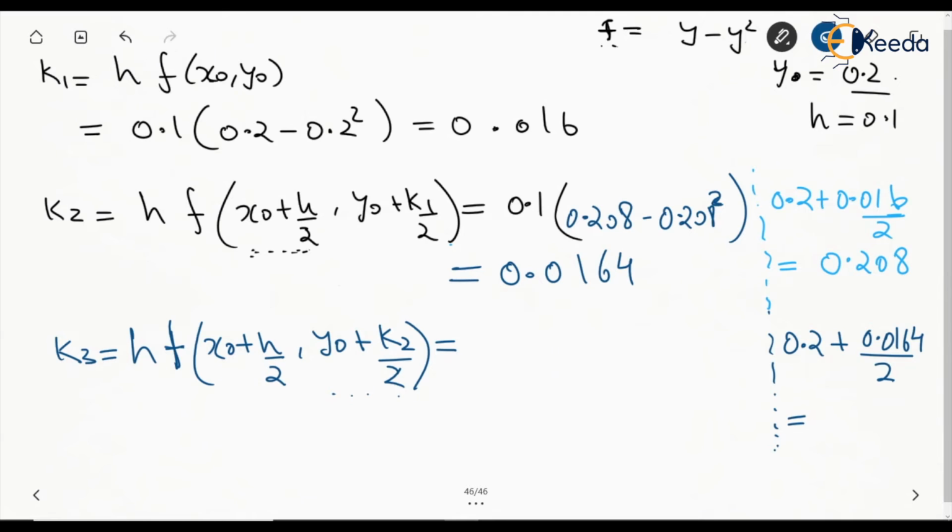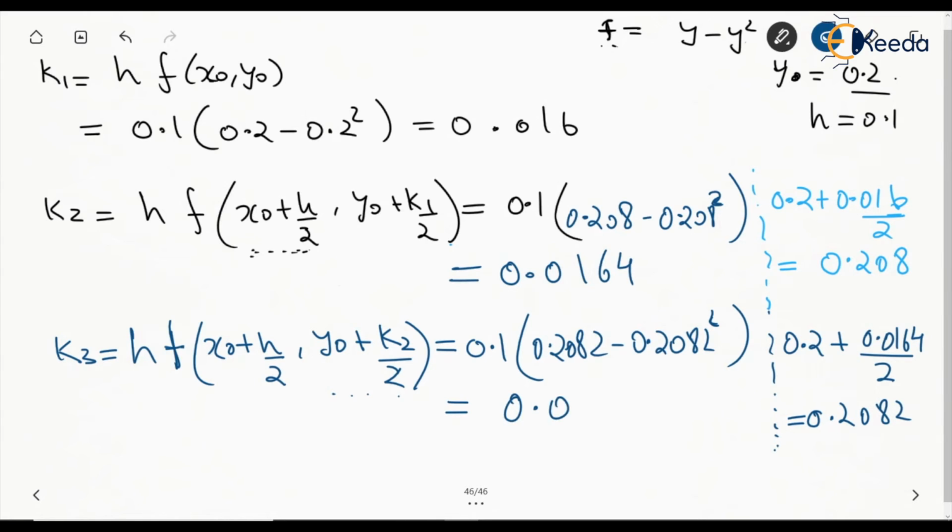This is going to be 0.2082, which makes this value to be 0.1 times 0.2082 minus 0.2082 square, and this is 0.01648. So we have reached up to K3.